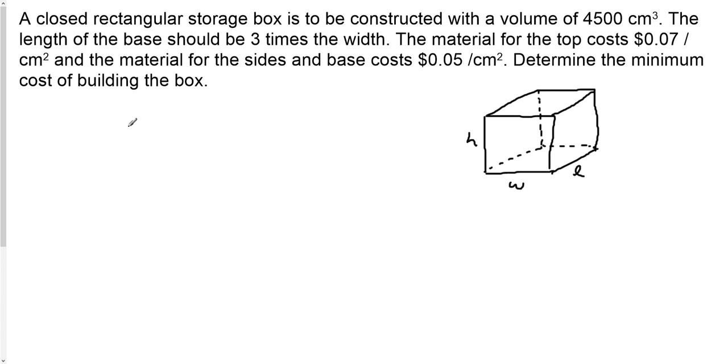So first off, we need to figure out what we are asked to optimize in this question. And like all of these cost questions, we are asked to find the minimum cost. So this is the thing that we want to optimize. We're going to need an equation for the cost of building this box. Now, the cost is going to depend on the amount of materials that we need, and we're given costs for the material, and the amount of material that we need is going to depend on the surface area.